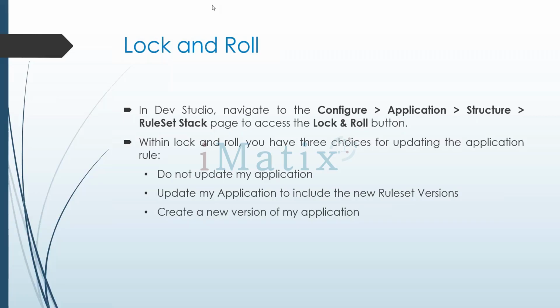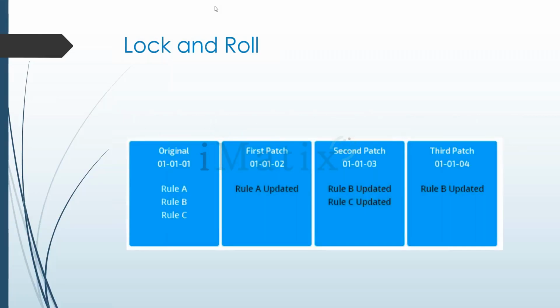Now let me just show this particular thing here. A simple scenario where the original, the first or the base version 01-01-01 for example has three rules: Rule A, Rule B and Rule C. After your initial version, 01-01-02 only has Rule A being updated, whereas Rule B and Rule C are still part of 01-01-01.